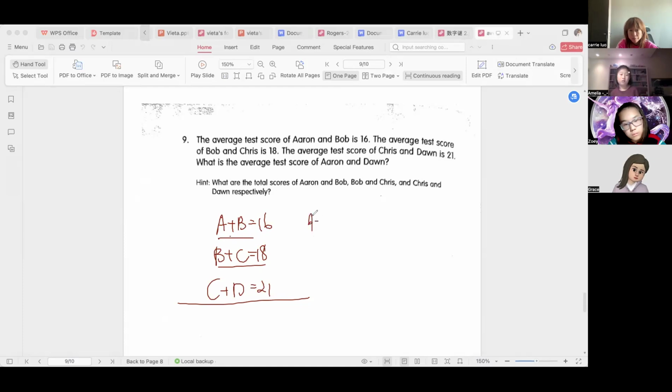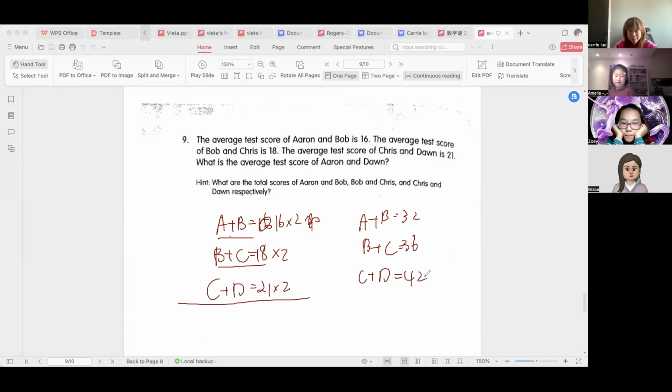Oh, sorry. A plus B equals 16 times 2, what I'm doing. This one times 2, this one times 2, correct? So don't forget the times 2, okay? So A plus B equals 32, and B plus C equals 36, and C plus D equals 42, correct? It should be like that.